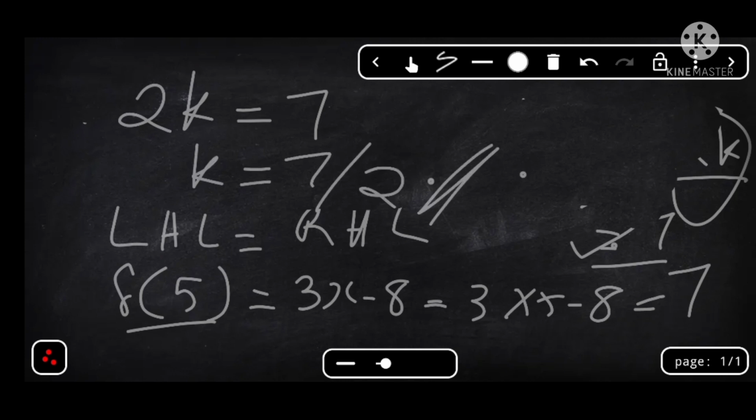So we get k as 7 by 2. This way questions can also be asked. We will be given a function which is continuous, and from that we are supposed to find some unknown variable.